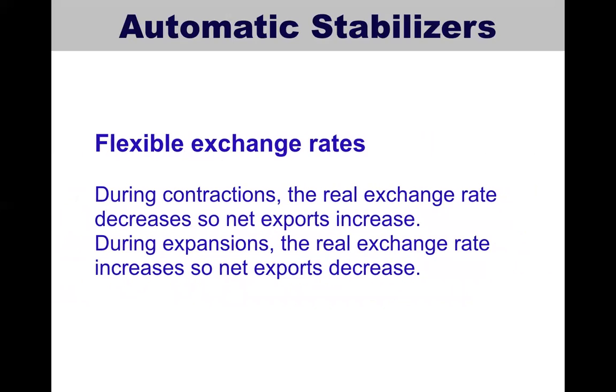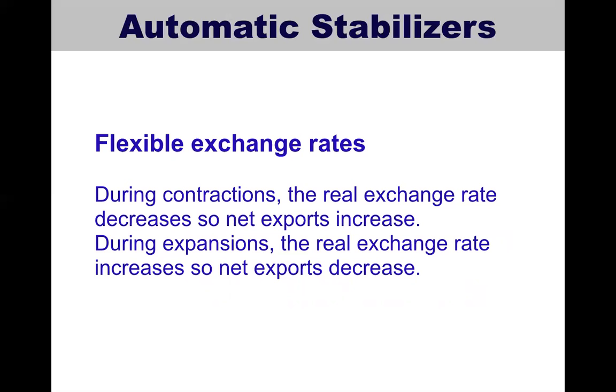And lastly, we have flexible exchange rates. And this can be understood when we just simply think back to our fiscal policy. Remember with fiscal policy, when the central bank undertook a flexible exchange rate, that we had crowding out of net exports.